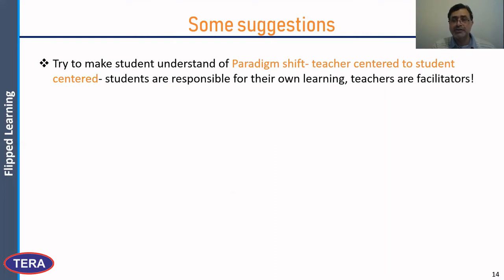This is a student-centric approach, and students need to understand that teachers are the facilitators, and they have to take responsibility for their own learning. That is very essential and crucial for successful implementation of flip learning, and that idea must be properly communicated.